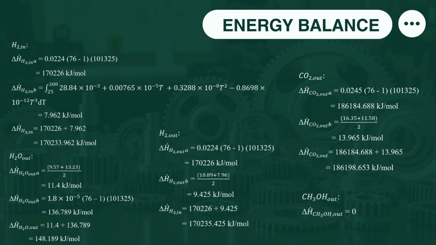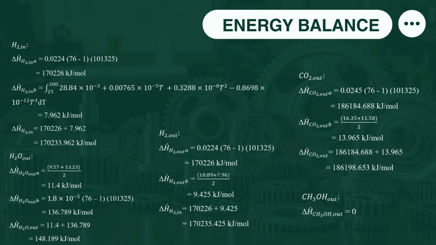I then did the same thing for the H2 out as well as the CO2 out to get 170,235.425 kilojoules per mole for hydrogen outlet and 186,198.653 kilojoules per mole for the carbon dioxide out, while my methanol remains 0.